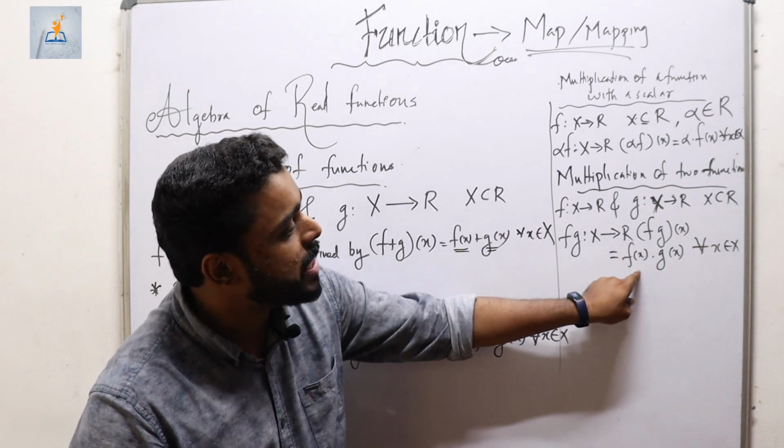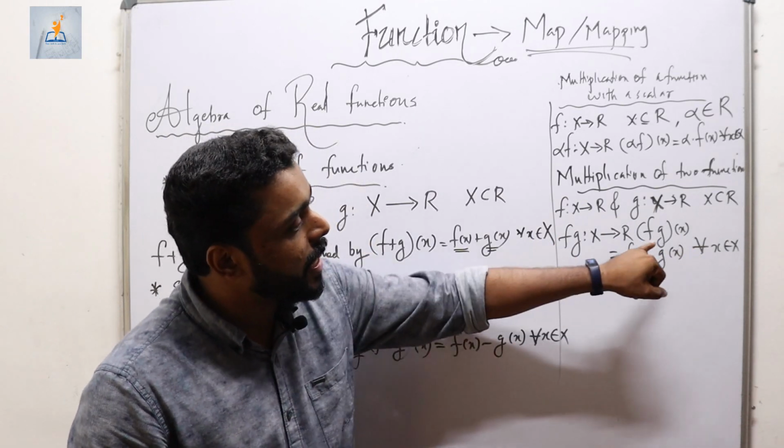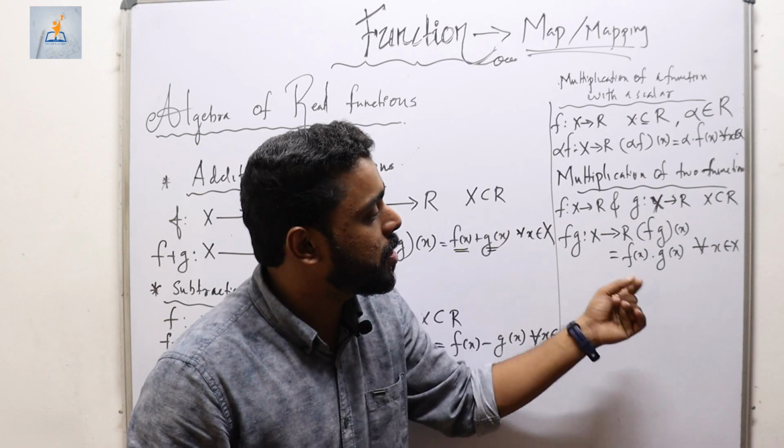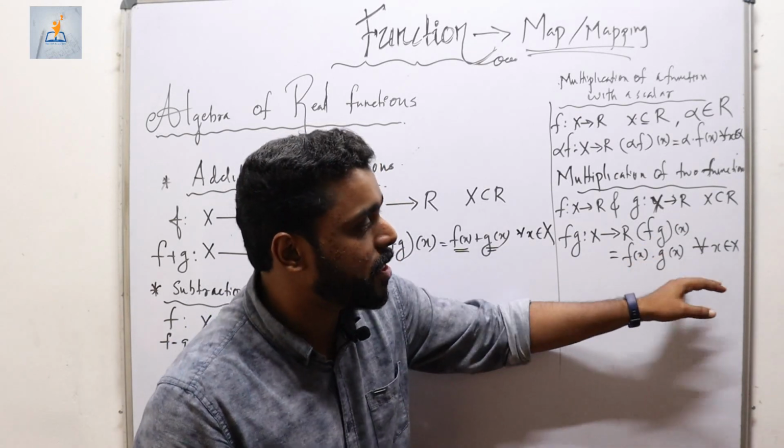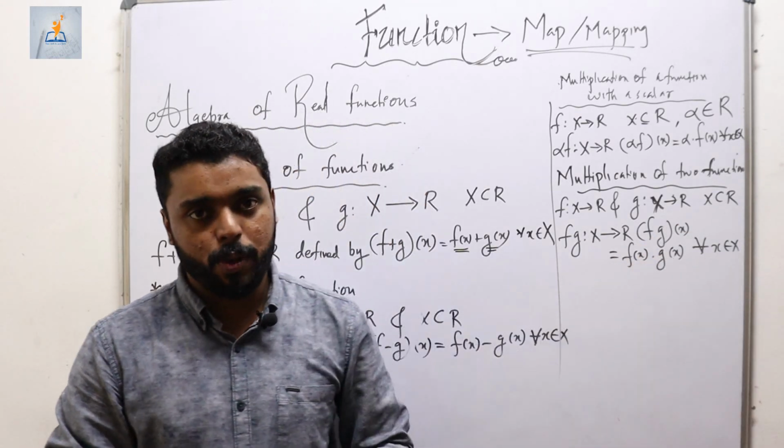We know what f of x and g of x are. Then we can easily identify fg just by multiplying f of x and g of x for every input value.